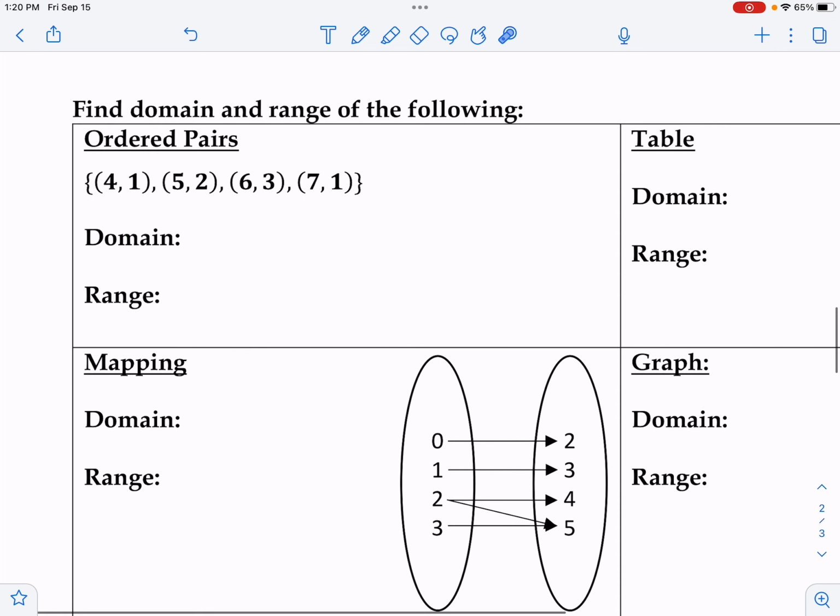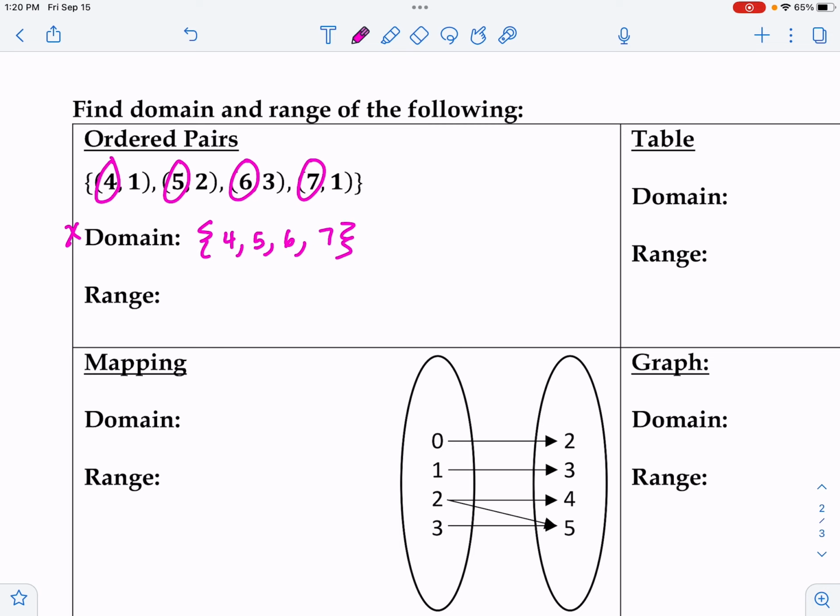Okay, if you have a set of ordered pairs and you're trying to find the domain, your domain is your x, so you circle the first number in each ordered pair. We use squiggly brackets and then just list those in order from least to greatest. That would be your domain.